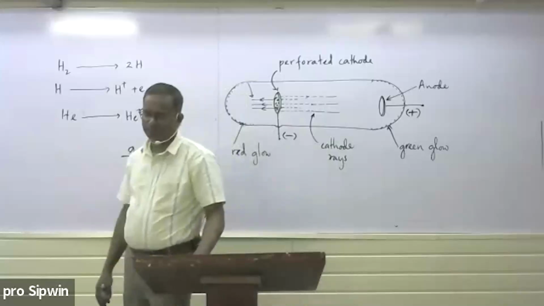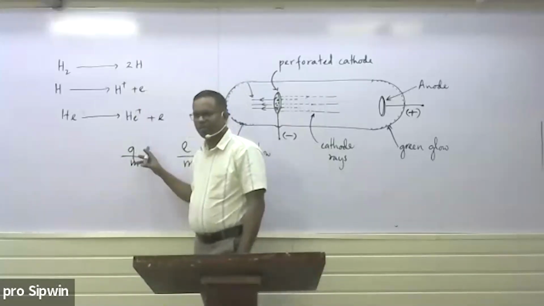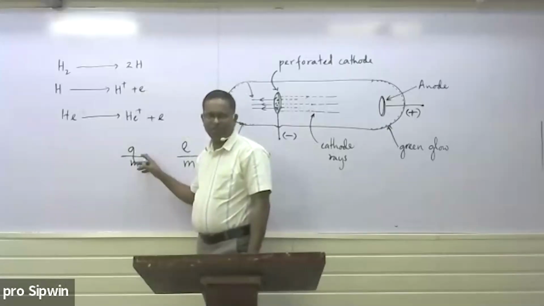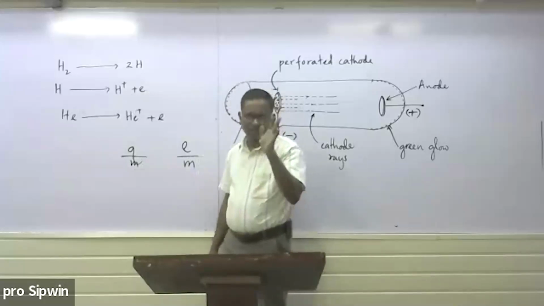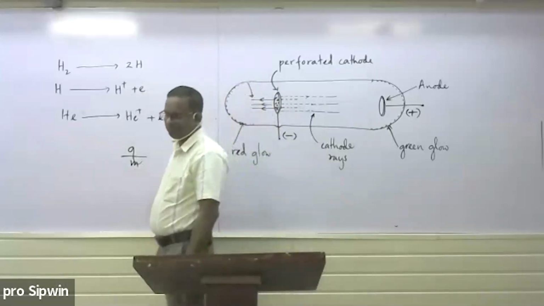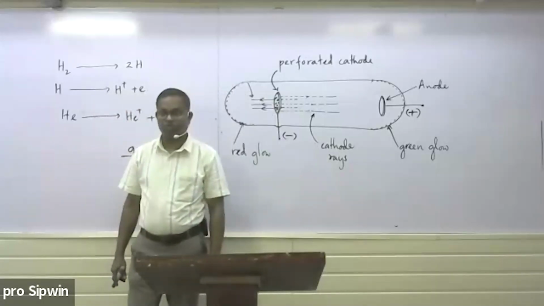Write the note. Now the Q divided by M value is not a fixed one. But with this, scientists were able to confirm the protons. How did they confirm it?